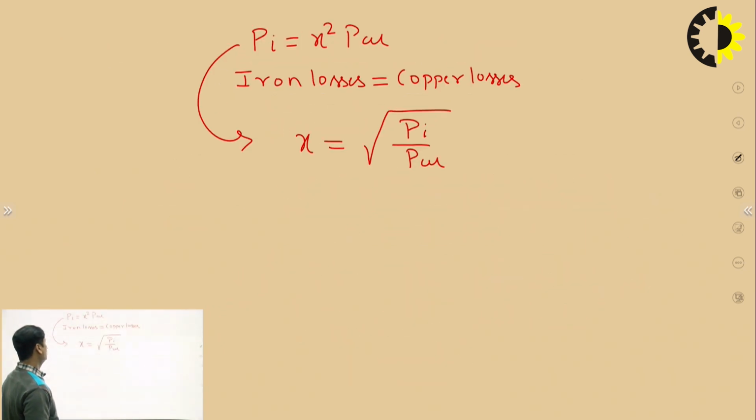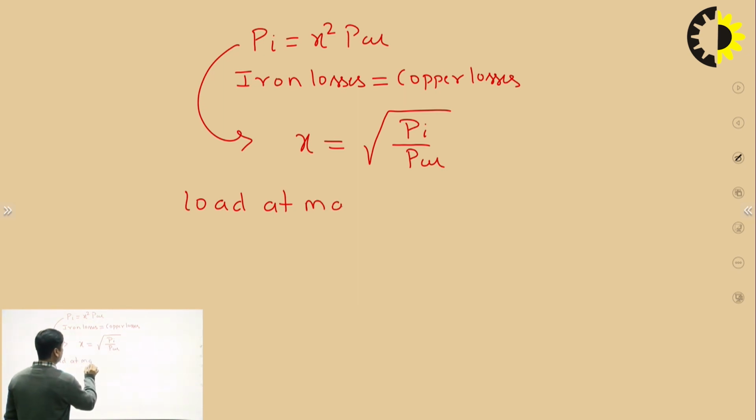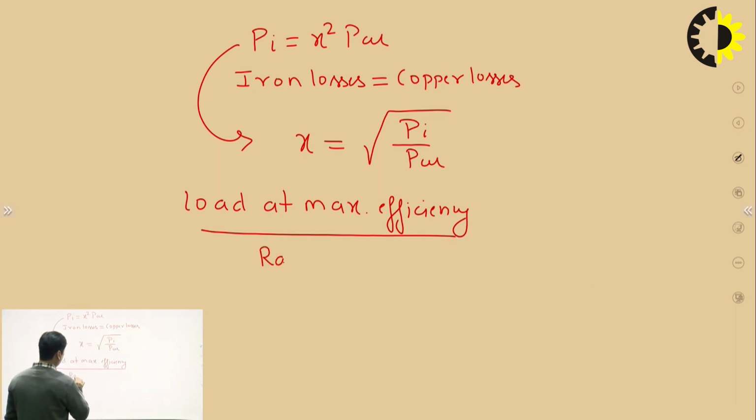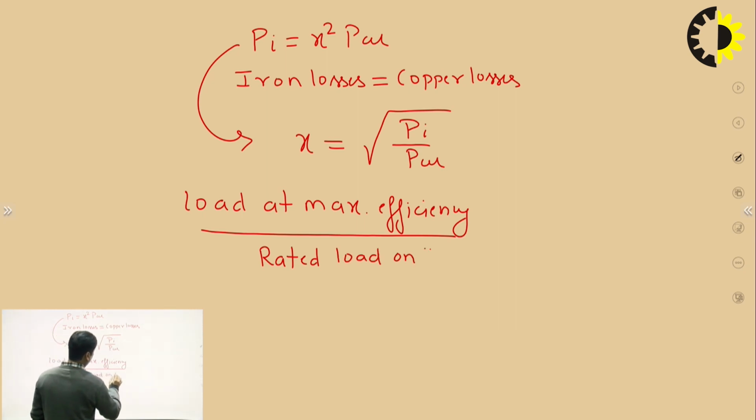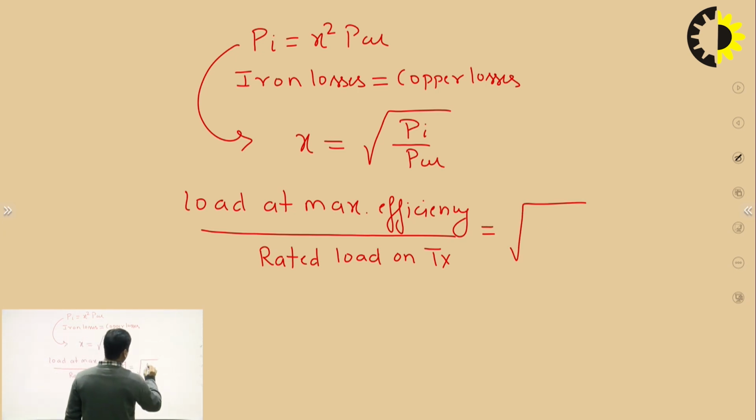So from there, we can determine the load on a transformer at maximum efficiency. Since x is equal to the load at maximum efficiency divided by the rated load on the transformer, it is equal to the square root of iron loss upon copper loss.